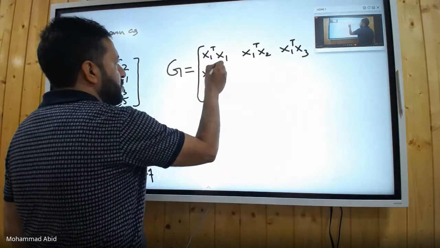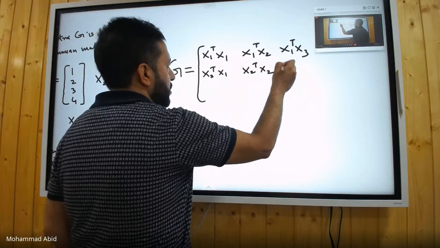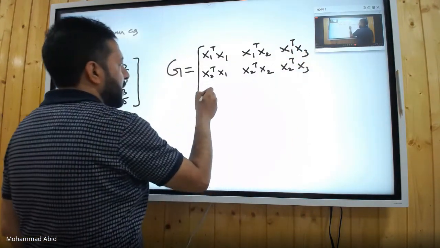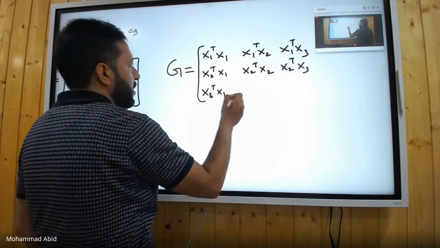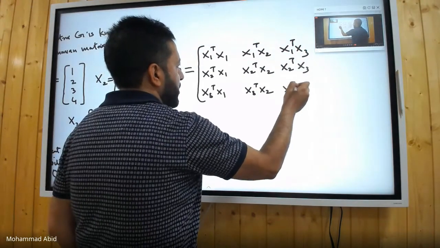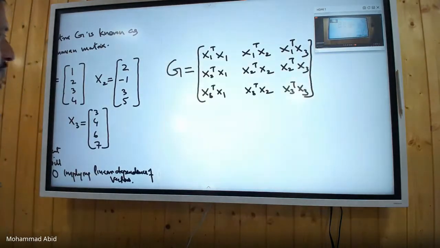Then x2 transpose x1, x2 transpose x2, x2 transpose x3, x3 transpose x1, x3 transpose x2, and x3 transpose x3. Is that okay? This is how we have defined the Gramian matrix. Have I written it correctly? Yes, sir.